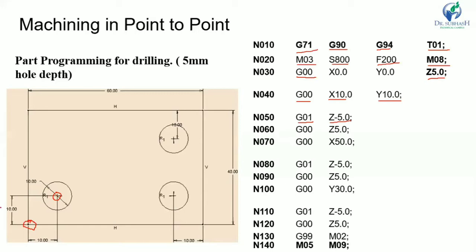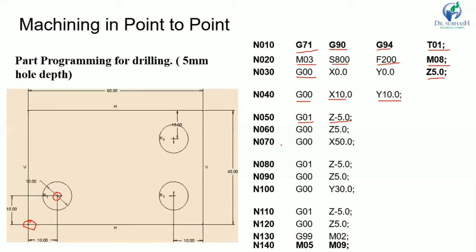Z0 means the tool will come to the workpiece surface, then it will go inside 5 mm. The tool is currently 5 mm above, so the total tool travel will be 10 mm. The tool touches the workpiece at Z0 and goes 5 mm inside. During linear interpolation it will cut the material, which means machining will start.